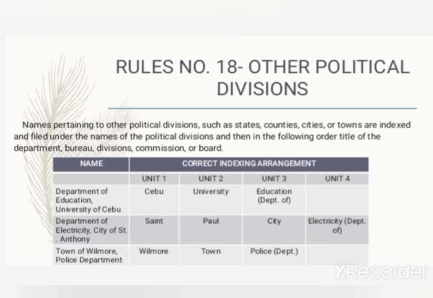We are going to put the city or the country in Unit 1, followed by the university or commission, and lastly the department of education. Another example, Department of Electricity, City of St. Paul, St. Paul City Electricity Department of.